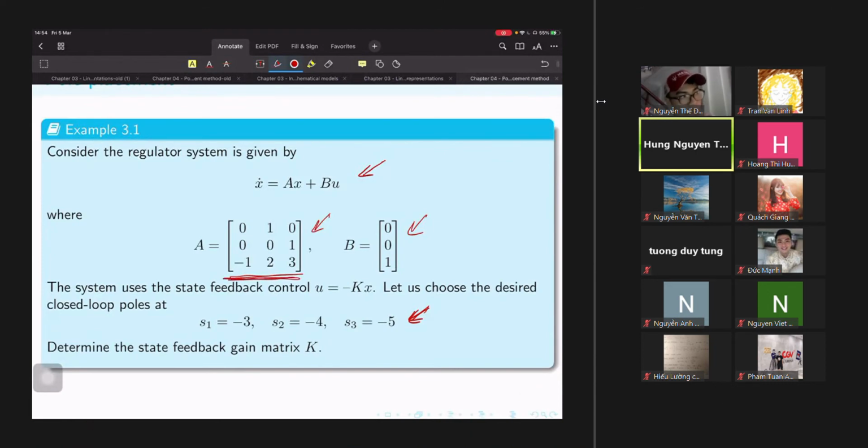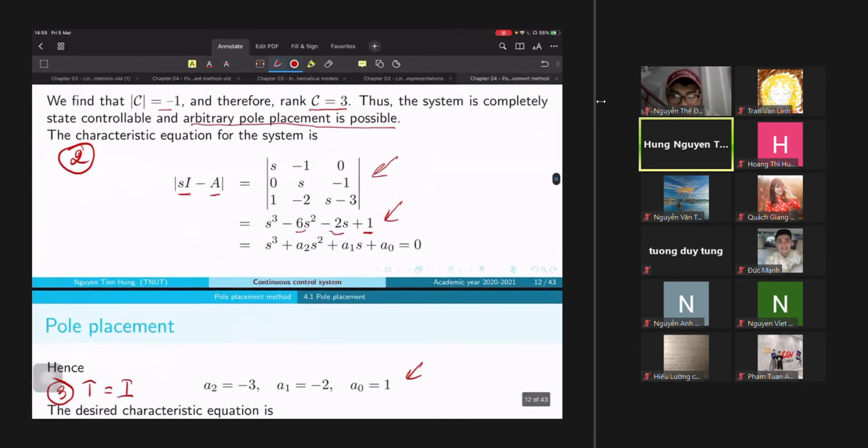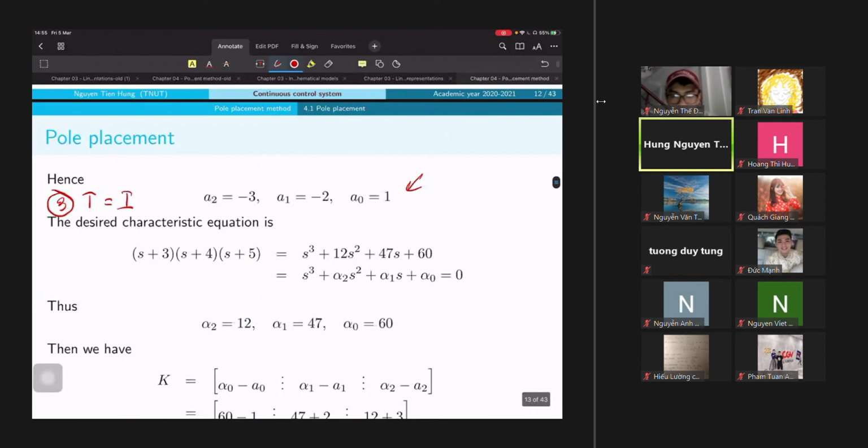See, we have 0, 1, 0, 0, 0, 1, and this is in transfer function minus a naught, minus a1, and minus a2. So B is also already in the controllable canonical form. You don't need to find this form, because T equals I.